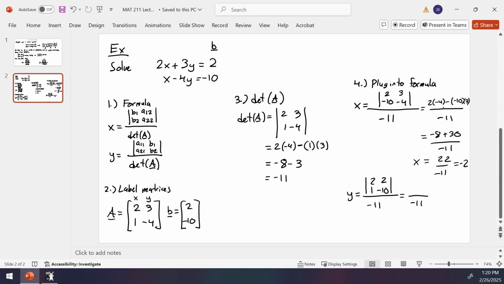So that's 2 times negative 10, minus, again, don't forget the minus sign, 1 times 2, over negative 11, and so we get negative 20 minus 2 over negative 11, which is equal to negative 22 over negative 11, so y is equal to 2. So we got negative 2, positive 2, and so our answer is negative 2 comma 2. And that's essentially Cramer's rule.